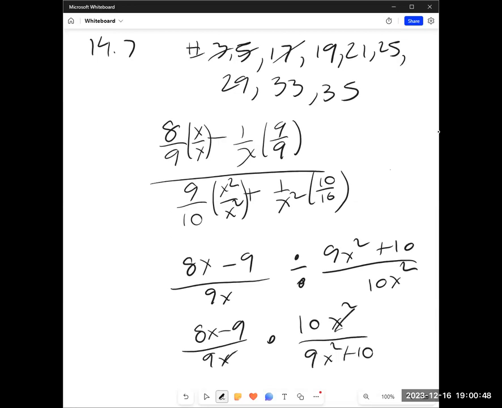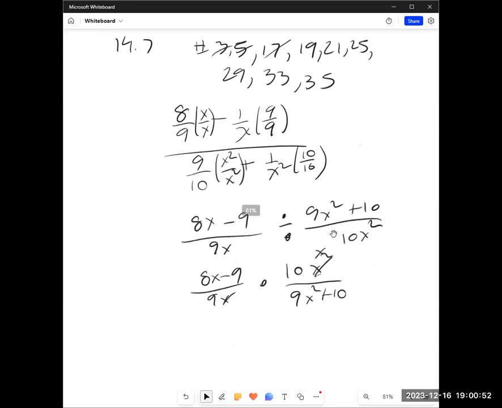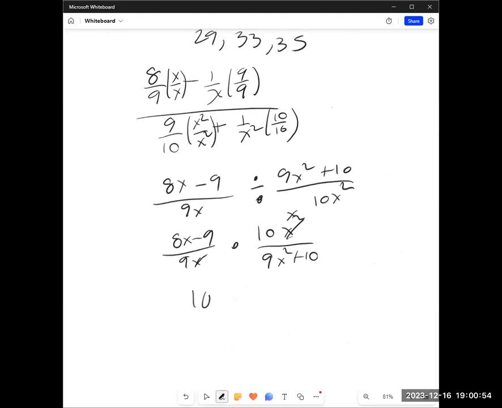And an x divides out, leaves me with 10x times 8x minus 9 over 9 times 9x squared plus 10. And that 9x squared plus 10 doesn't factor anymore. So this is simplified.